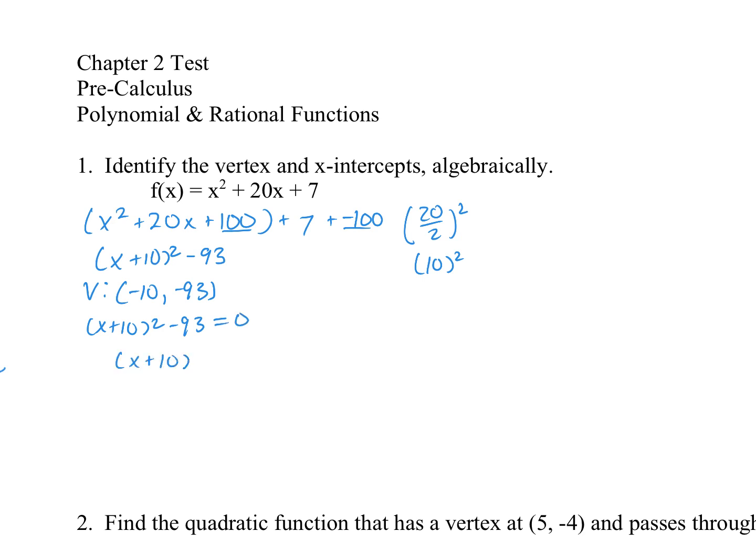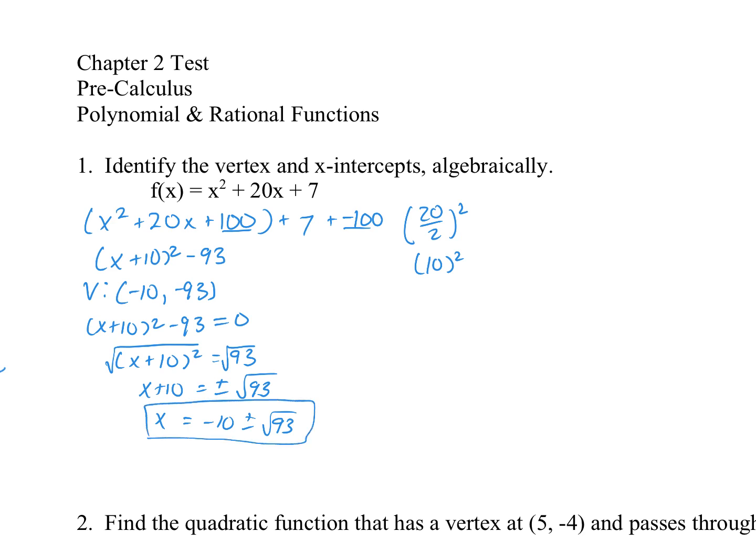X plus 10 squared then must equal 93. Square root both sides. X plus 10 must equal plus or minus the square root of 93. And then x must equal negative 10 plus or minus the square root of 93, which are my x-intercepts.